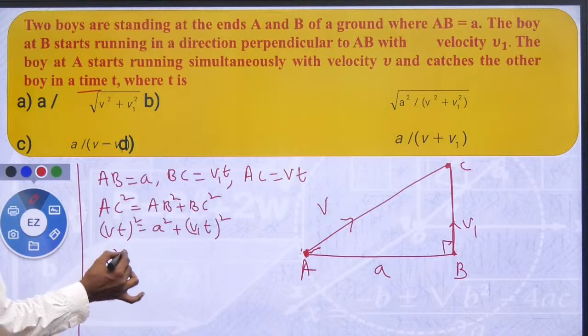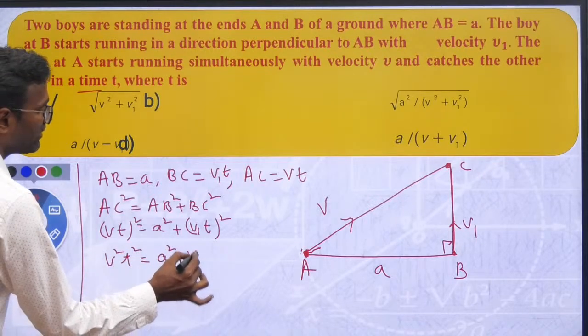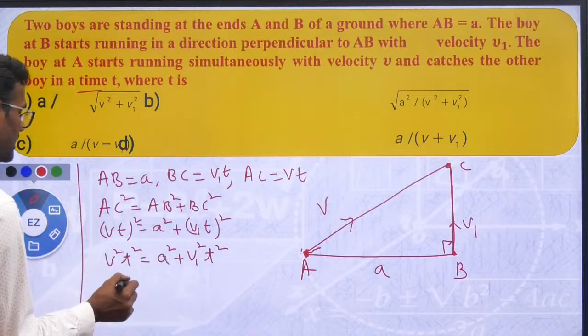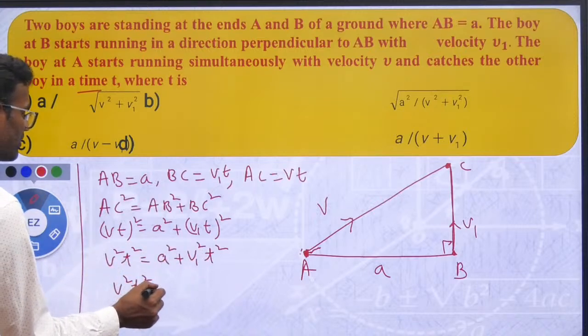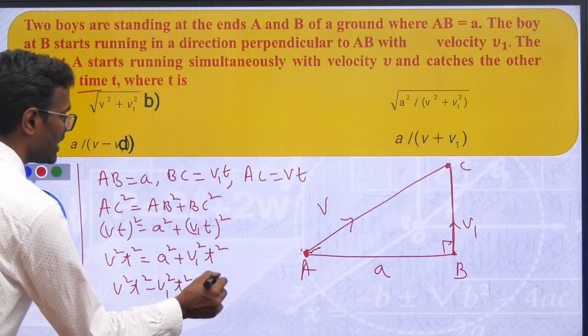So V square t square is equal to A square plus V1 square t square. Now taking t terms to one side, V square t square minus V1 square t square is equal to A square.